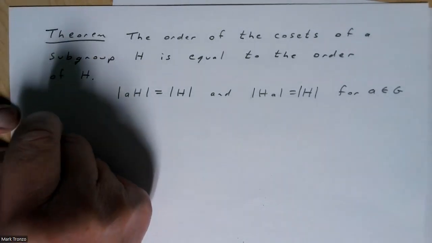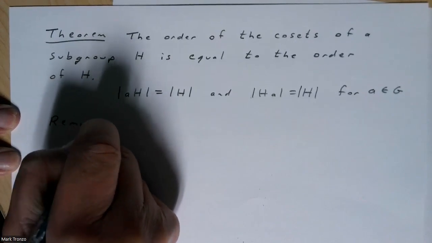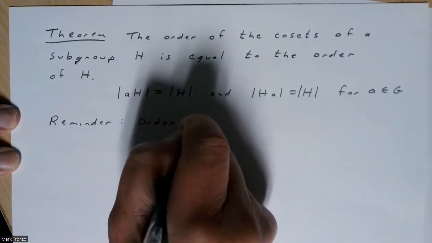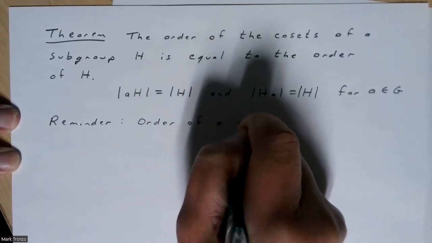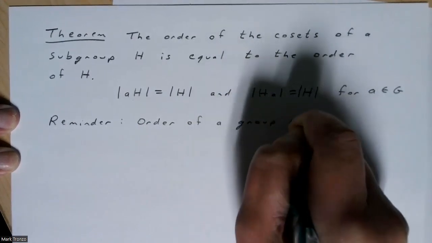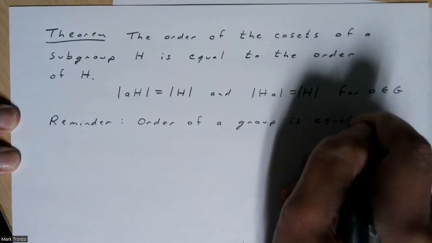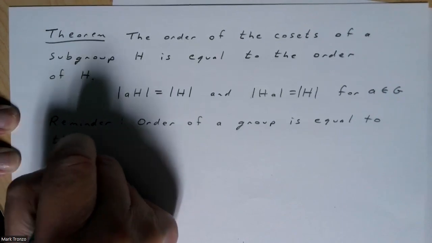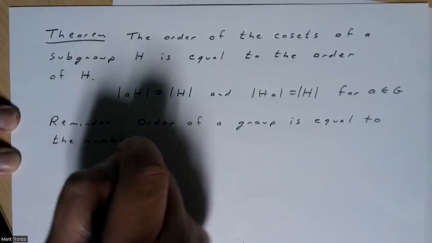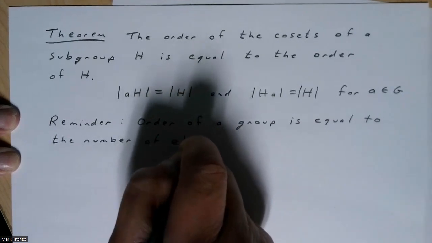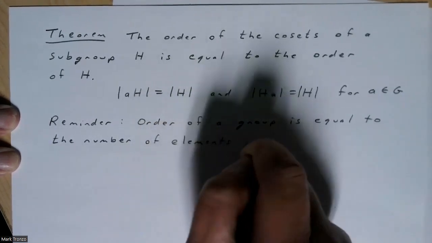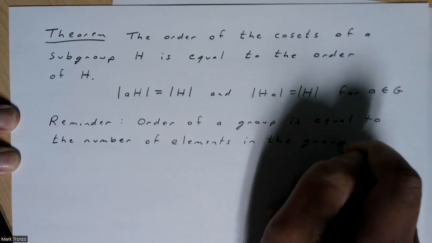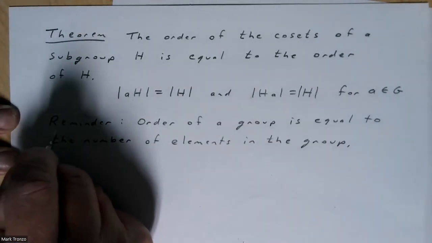And again, just as a reminder, the order of a group is equal to the number of elements of the group. And also the order of an element.